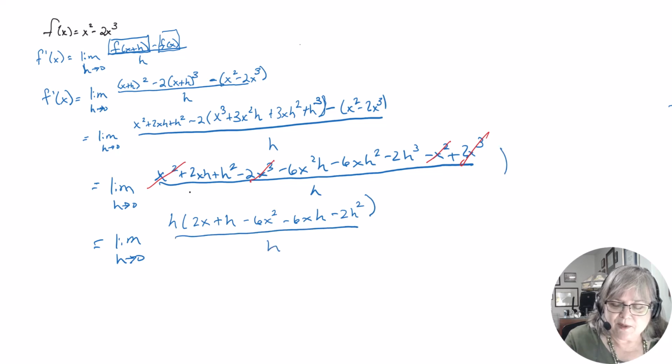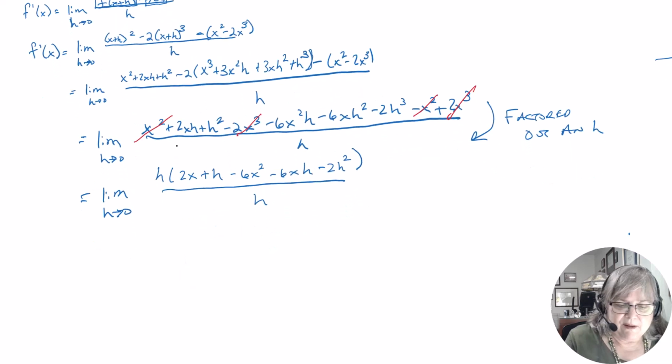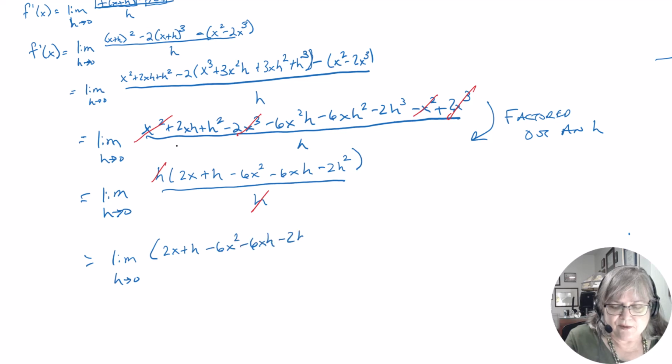So what I did between here and here is I factored out an h. So these two h's cancel. And I have 2x plus h minus 6x squared minus 6xh minus 2h squared.